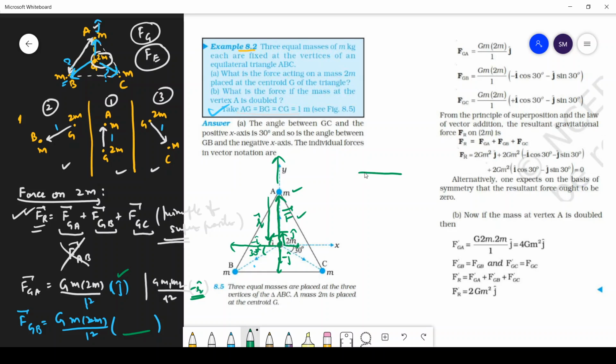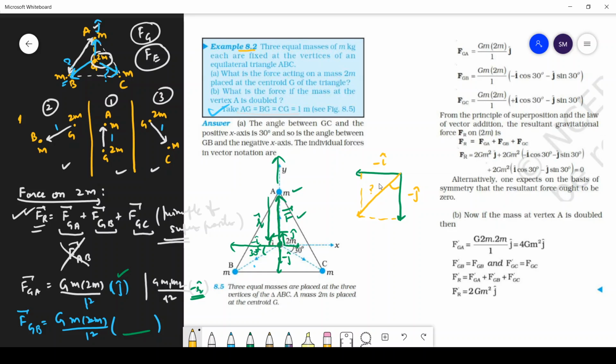Let us draw this figure separately. That's your direction, and I'm resolving this direction. This is i cap, minus i cap, and this direction is minus j cap. What will be this direction? What is the magnitude of this?